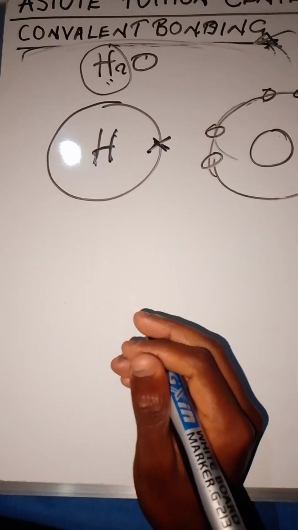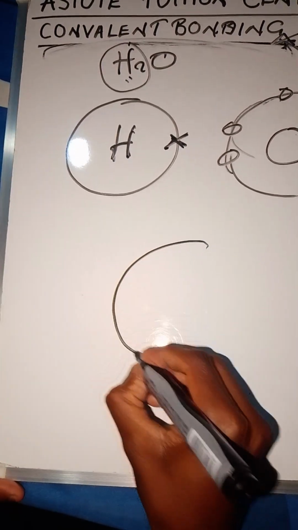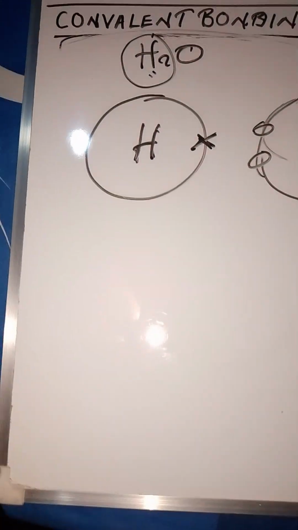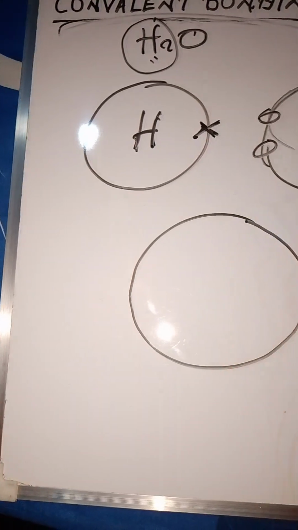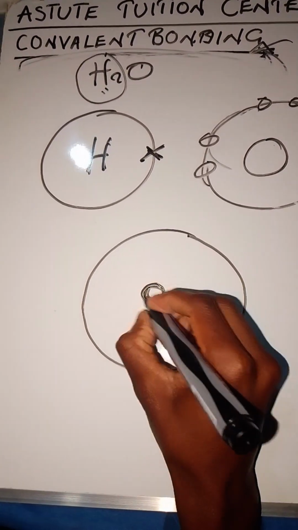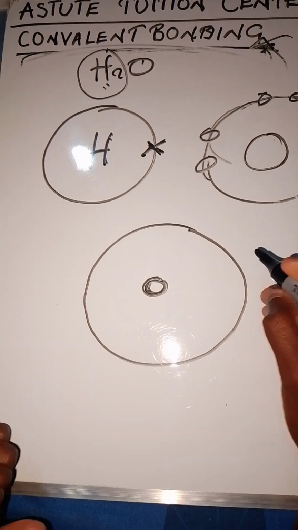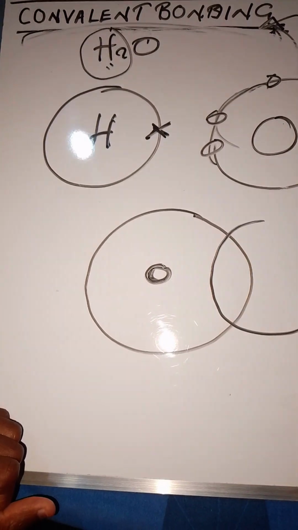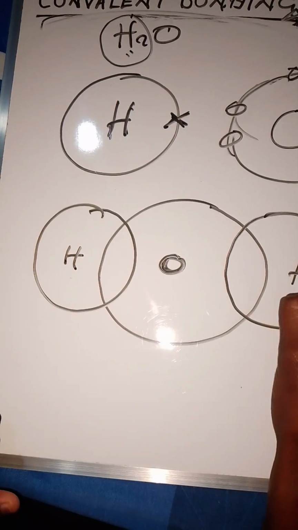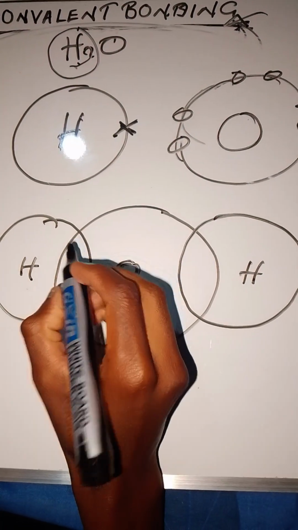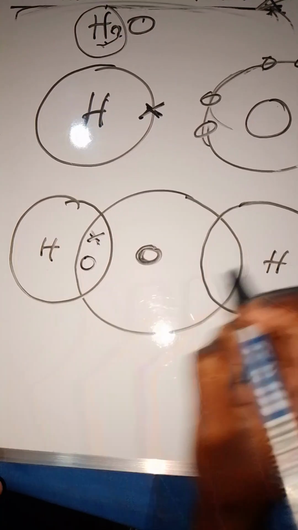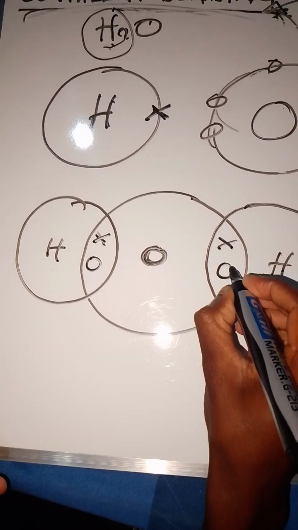So the covalent bond is going to be, we put oxygen in the center. When you're drawing these diagrams, it depends on the question, but in the center of the diagram you need to put the symbol of the element. On the sides, we put the two hydrogen atoms, H and H. Each hydrogen is going to give one electron and oxygen is also going to give one, to each hydrogen atom.